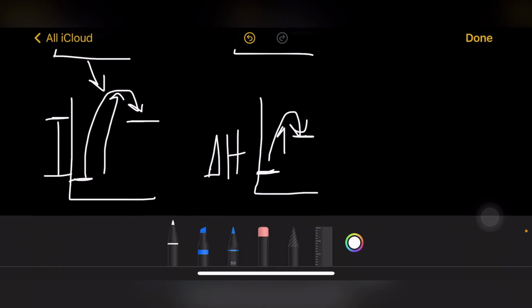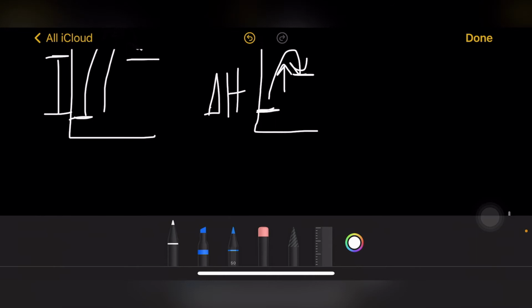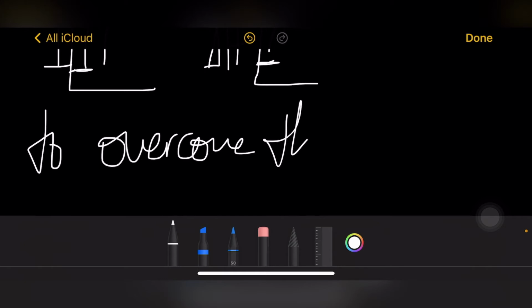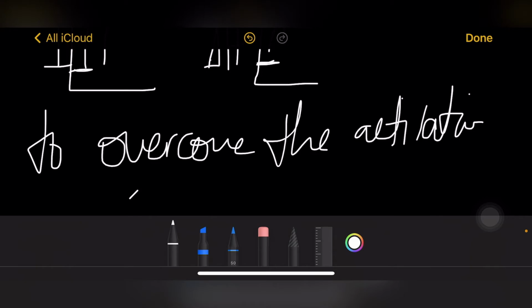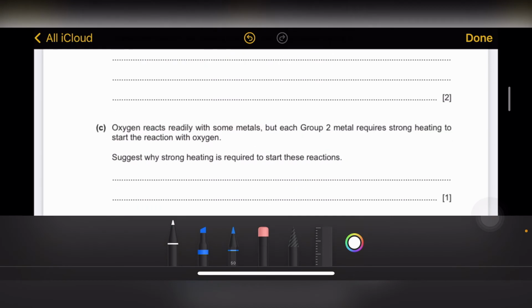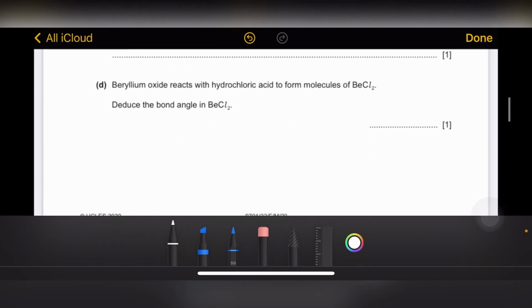So it will only require this much. So to overcome the activation energy, a large amount of energy is required to start up these reactions.